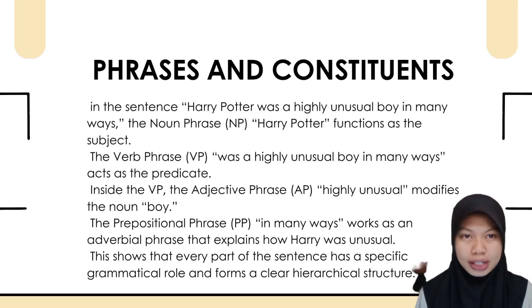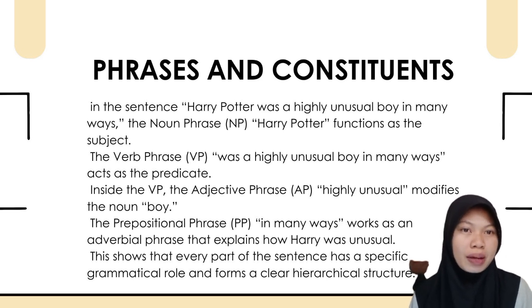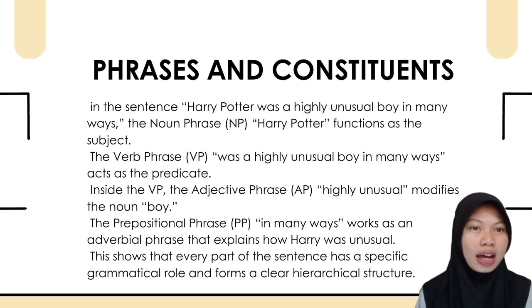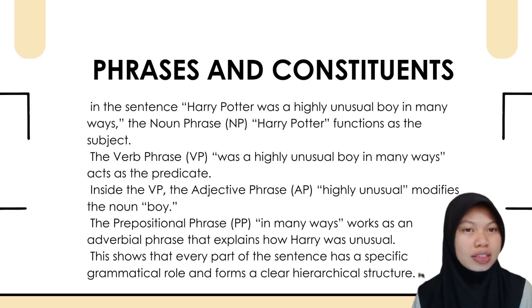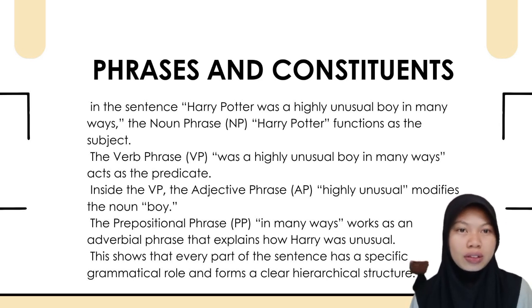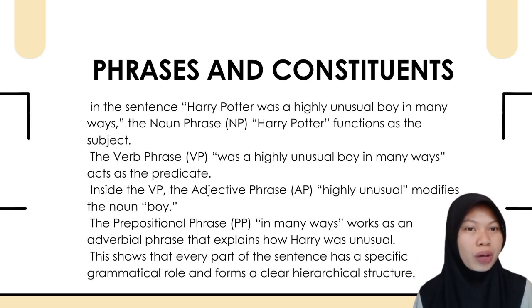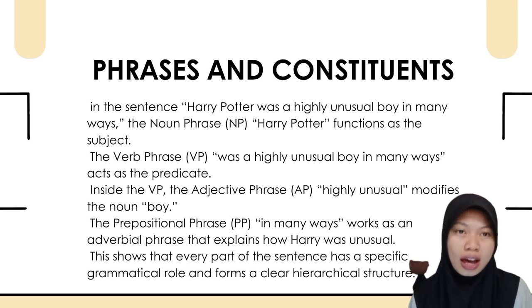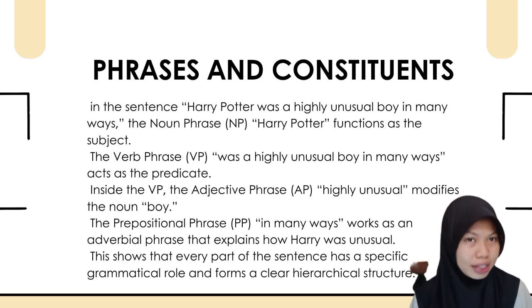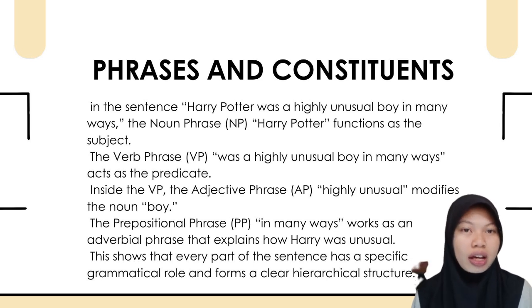Inside this verb phrase, the adjective phrase highly unusual modifies the noun boy. The prepositional phrase in many ways functions as an adverbial phrase, explaining how Harry was unusual. Each part of the sentence has its own grammatical role and builds a clear hierarchical structure, which shows how syntax organizes meaning.